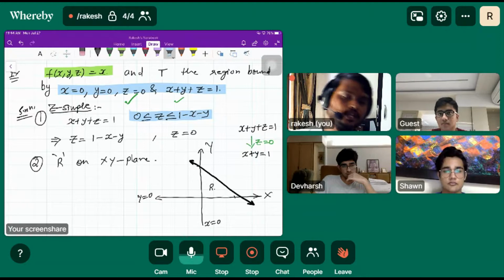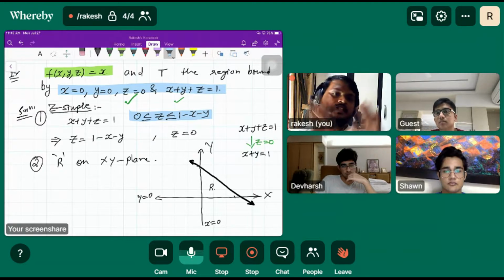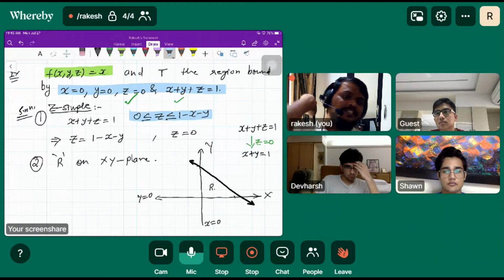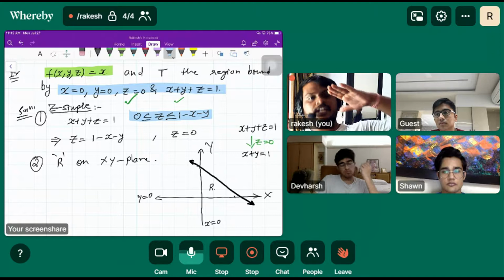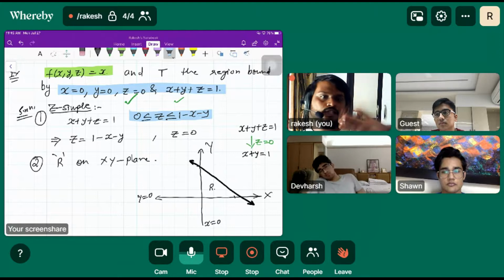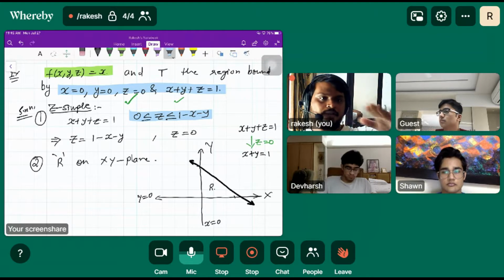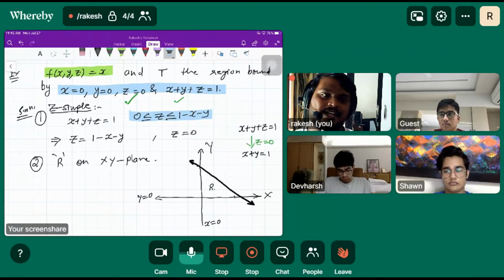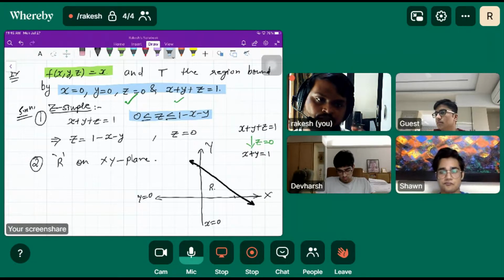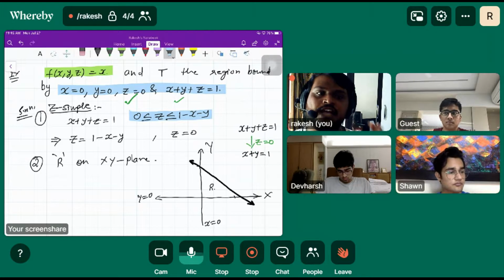For that, imagine that z is equal to 0 is your xy plane, and 1 minus x minus y is above that, above the xy plane, right? If you can't imagine it directly by looking at the equation, you have to draw the region R.